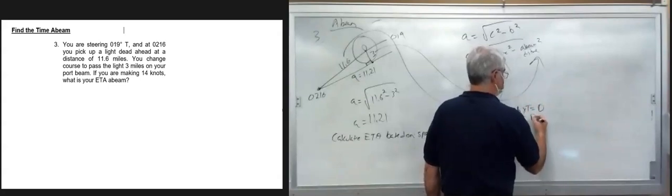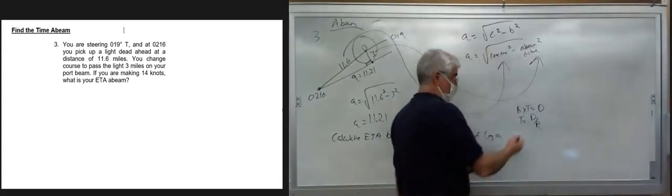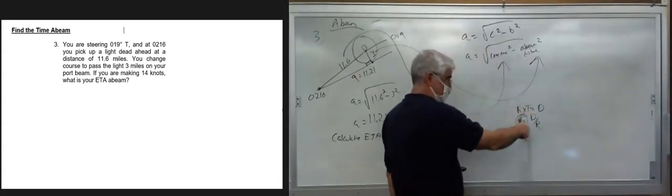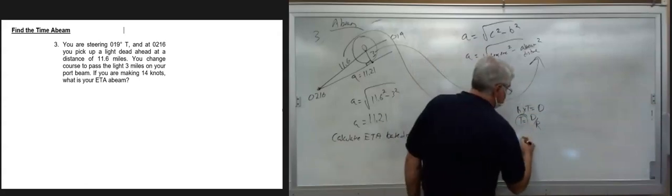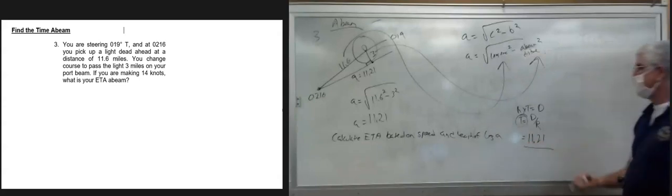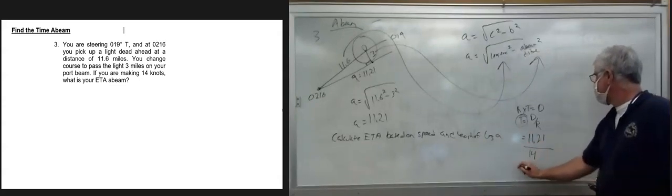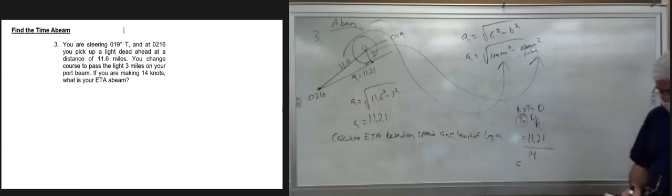Time equals distance over rate. I want to get the time, so I'm going to solve it for time. Distance over rate. Distance was 11.21 divided by, what's my rate? 14. 11.21 divided by 14 is 0.8.